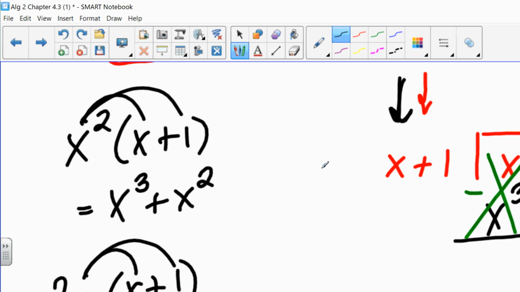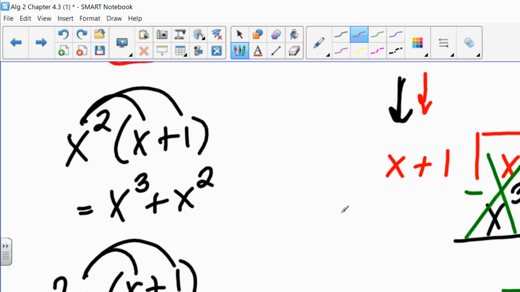So 2x squared plus 2x. And we're going to subtract. Now 2x squared minus 2x squared is 0, just like we wanted.